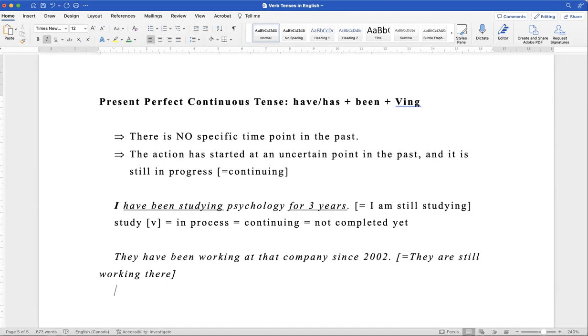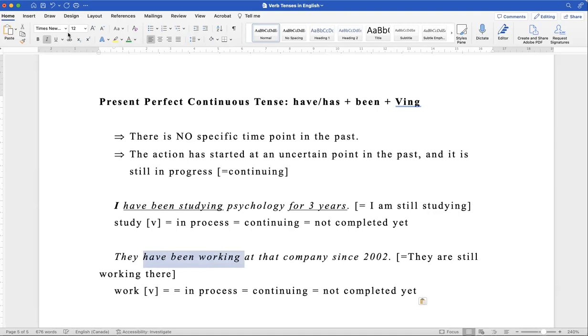So the action is still in process. What's the action here? The action is work. It's not completed yet. Here, work is a verb, and it is still in process, continuing, not completed yet. Okay, have been working. And the subject is they.